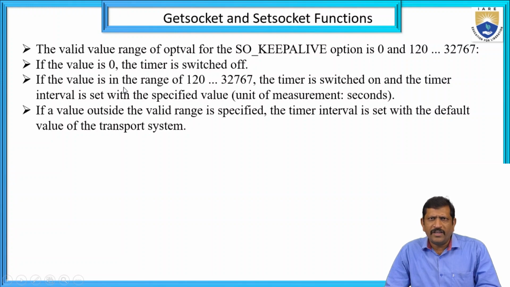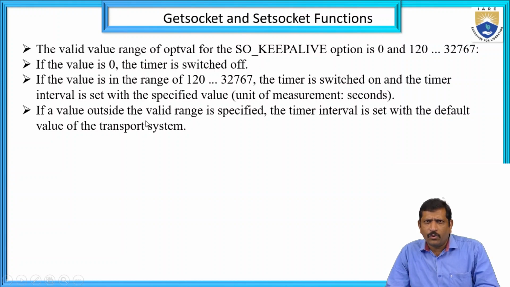If the value is in the range of 120 to 32767, the timer is switched on and the timer interval is set with the specified value, unit of measurement in seconds.